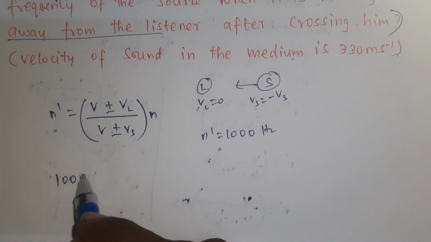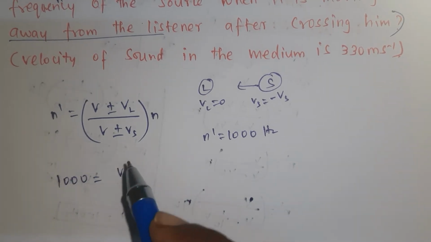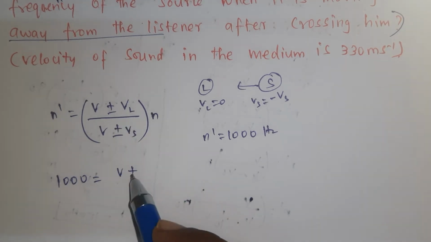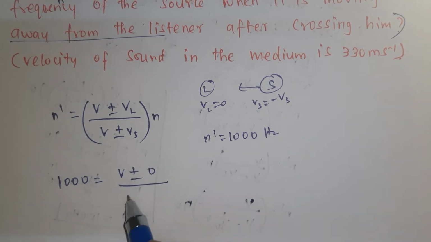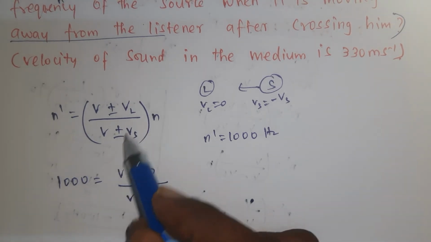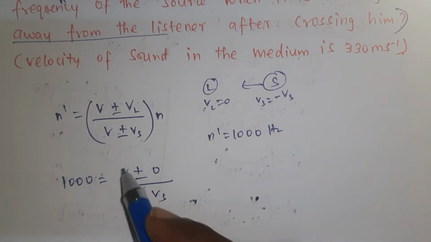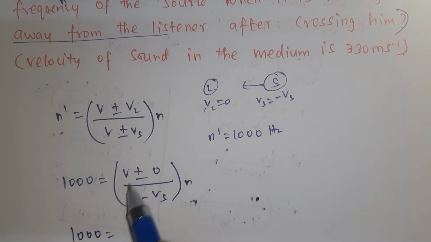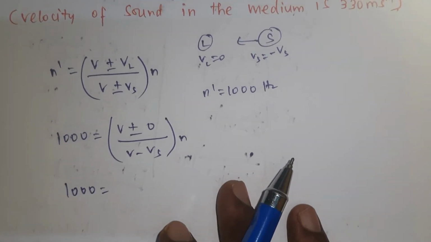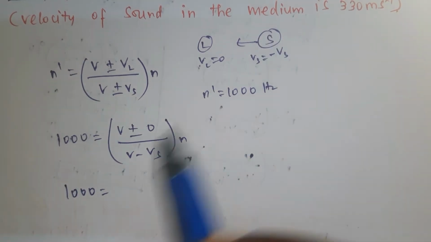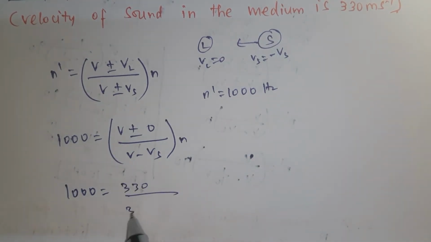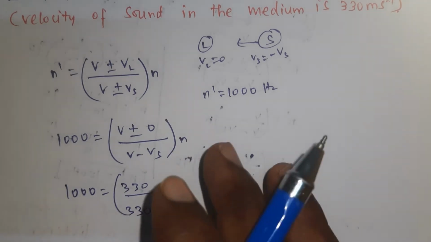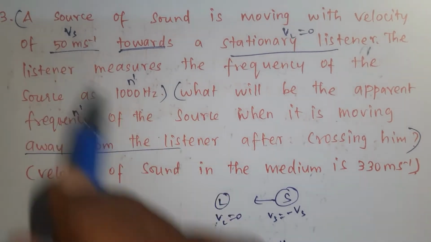n dash, 1000, is equal to (v plus or minus vL), where vL is 0, divided by (v plus or minus vs), so vs takes minus, into n. 1000 is equal to, where v is the speed of sound in the medium, given as 330, so 330 divided by 330 minus the vs value, given as 50 m/s.